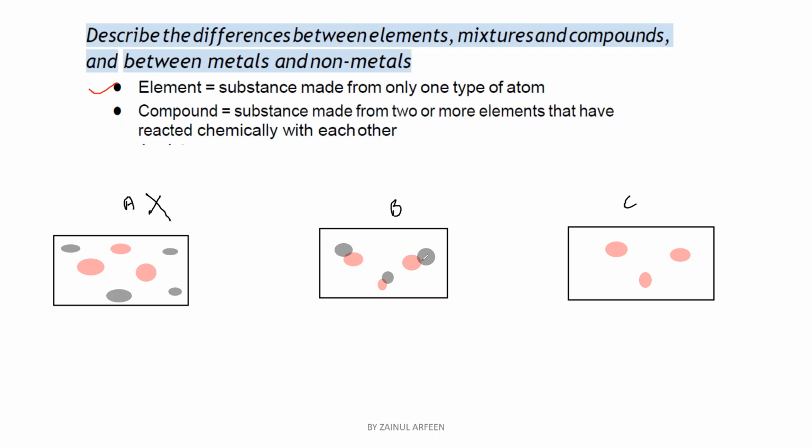What about B? Two different types of atoms and they are chemically joined together. So is B a compound? Yes, B is a compound. What about C? Is C a compound? C is not a compound because it consists of identical atoms. It must be two different atoms, and the second condition, they must be chemically joined together.